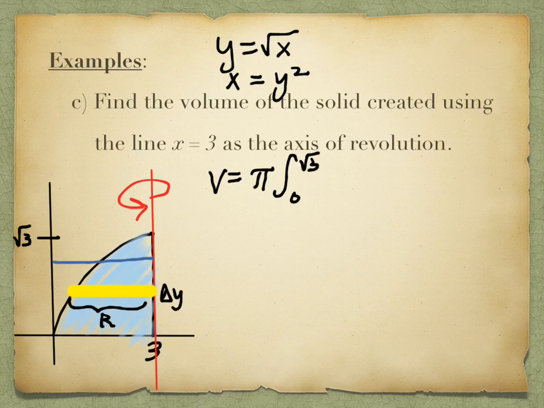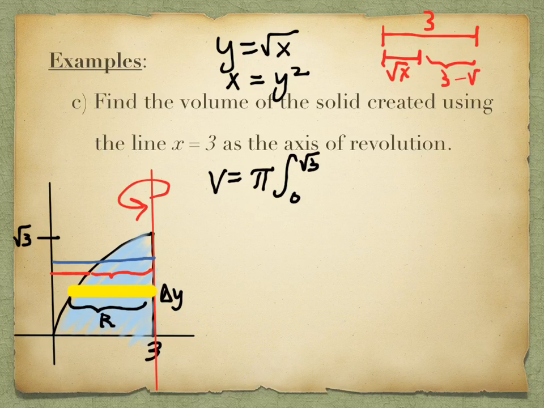This whole distance right here is 3, right? This distance right here is square root of x, right? So the distance that I'm actually wanting, this piece right here, is going to be 3 minus the square root of x. Can you picture it? We're going from here to here, it's 3. This piece right here is square root of x. So the missing piece is 3 minus the square root of x.